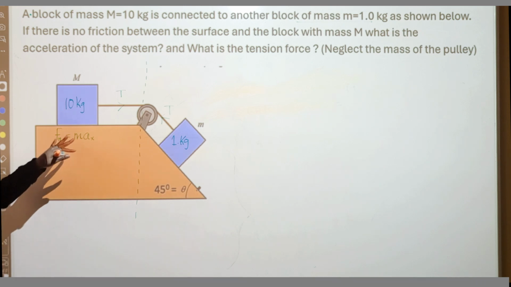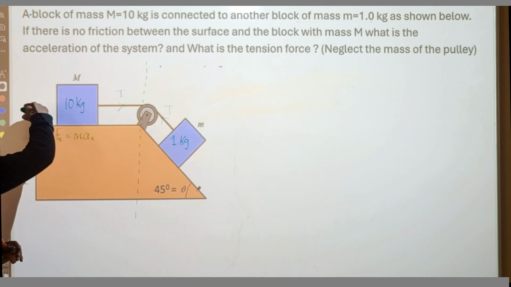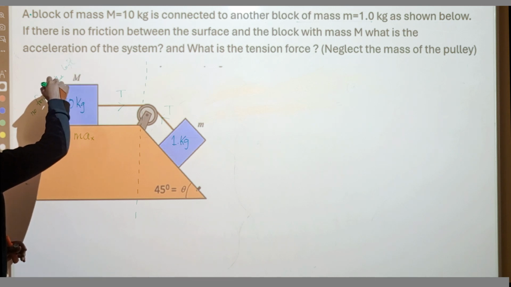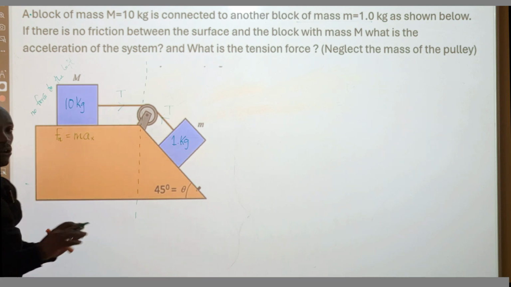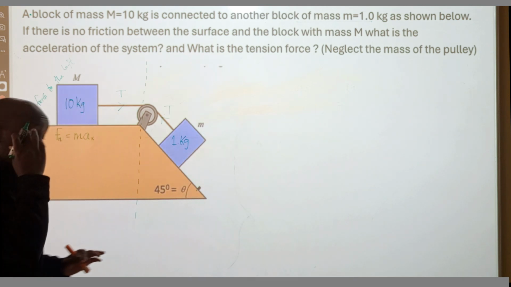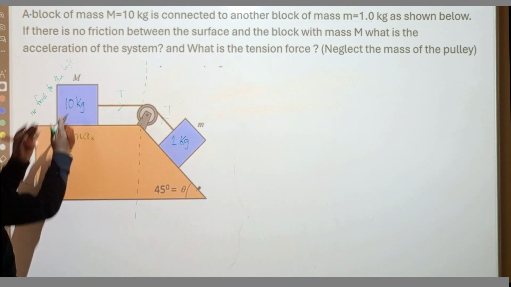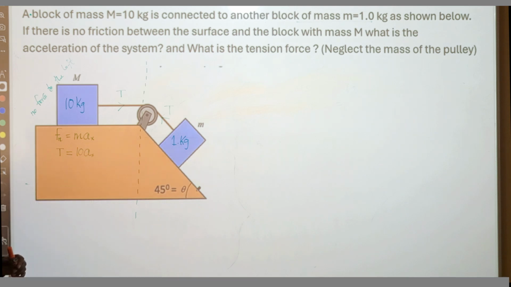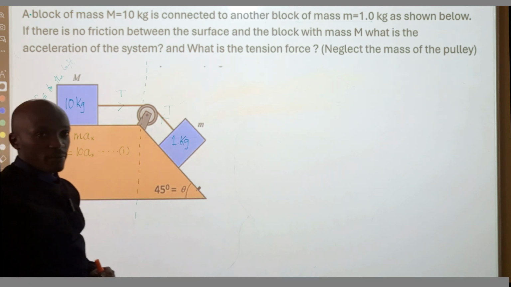So the F net, we only have one force, no force to the left, and therefore T only is the net force. So we're going to say T is equal to the mass, which is 10 kilograms, multiplied by the acceleration in this direction. So that one will give us equation 1.